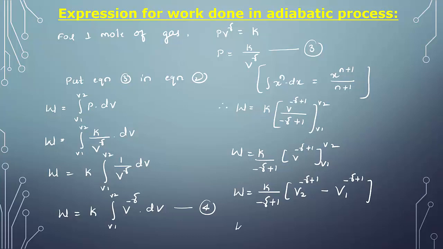Or this equation can be written as W equal to 1 divided by minus gamma plus 1 into, K we can take into the bracket, it is multiplied here, K into V2 raised to minus gamma plus 1 minus K into V1 raised to minus gamma plus 1.